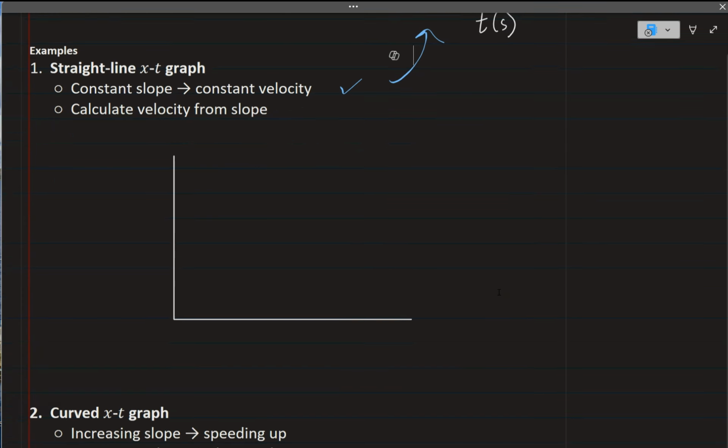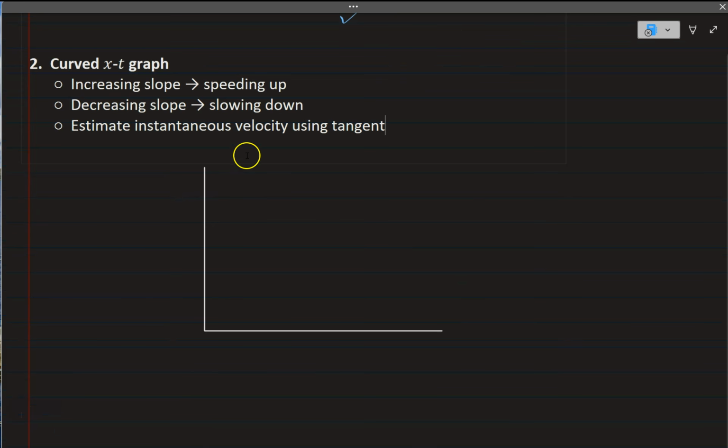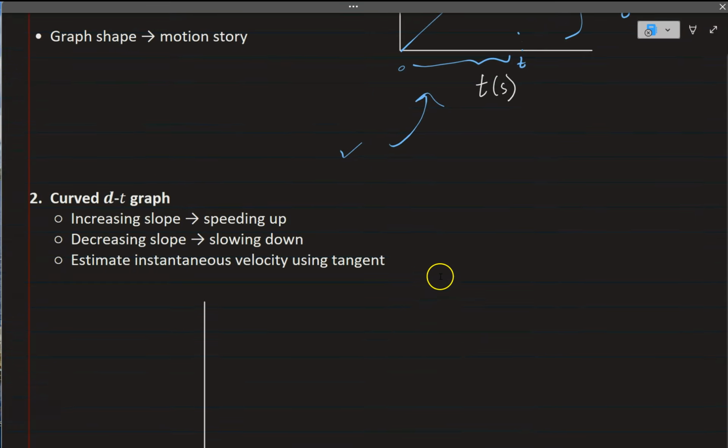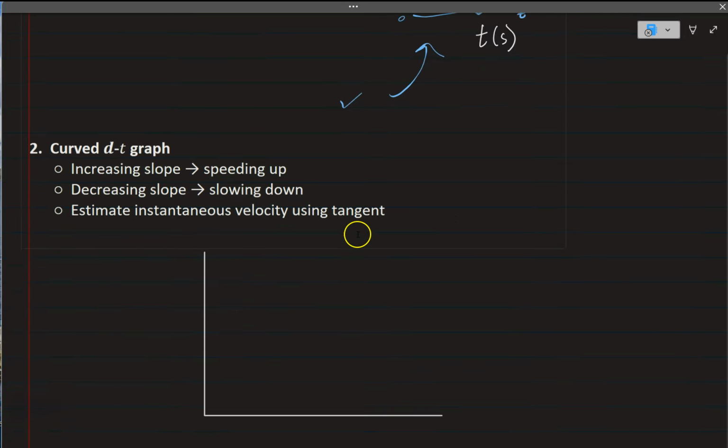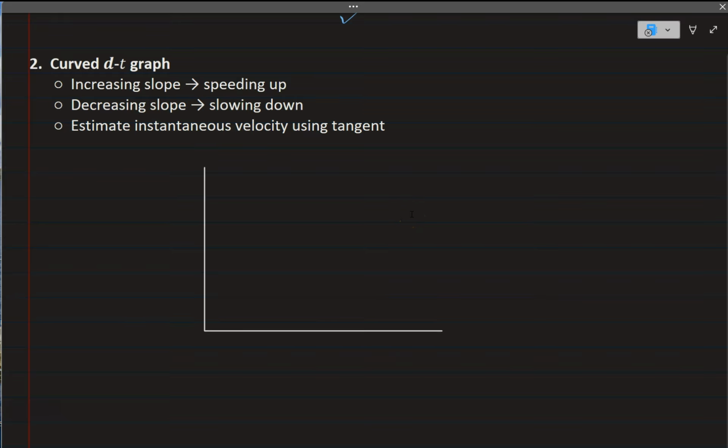But the other part that I want to talk about is the curved graph of xt, or in this case it should be dt, by the way, displacement. Some texts do have it as xt, with x being the displacement. But here it is. If it's a curved graph, an increasing slope means speeding up, a decreasing slope means slowing down. So if I graph something like this, this is the graph of distance in meters versus time in seconds.